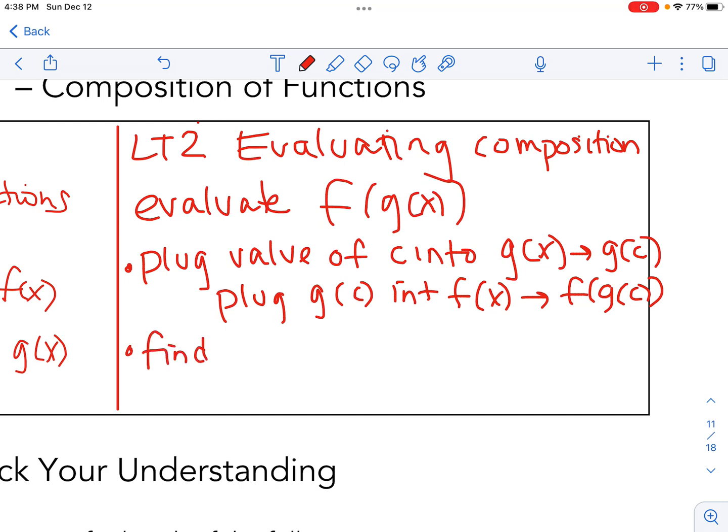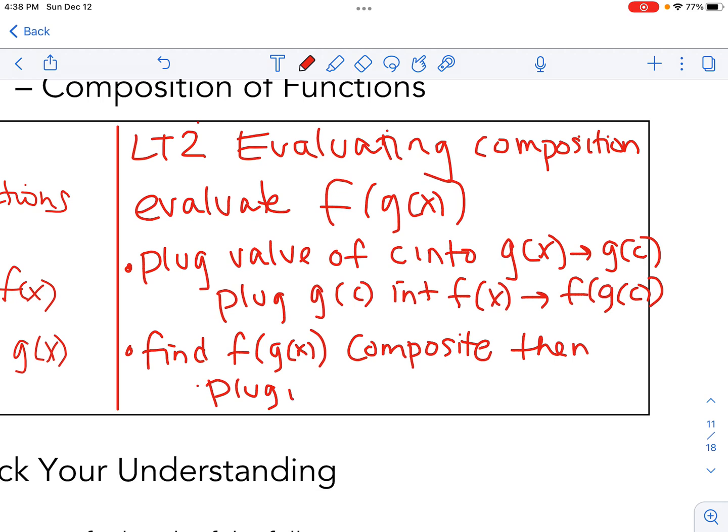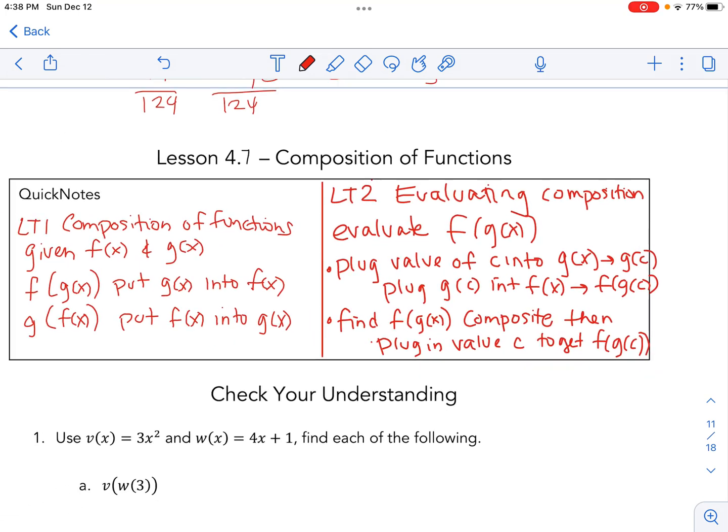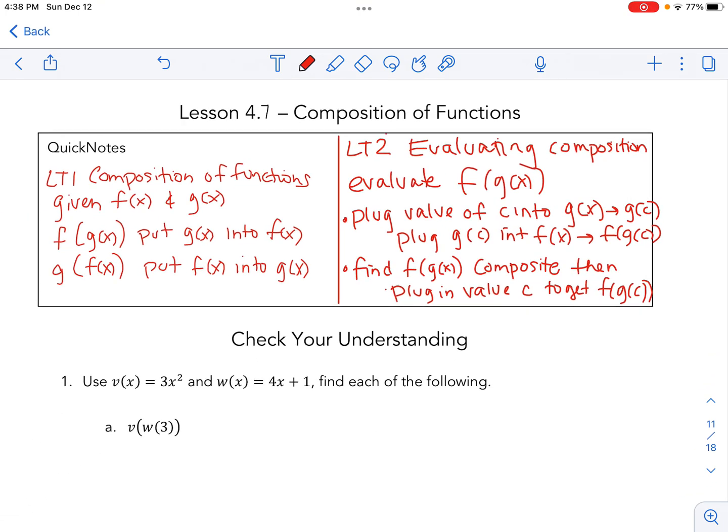That's that two-step process. We can do it that way, or we can find f of g of x simplified, right? We can just find the composite, or the composition of the two functions, and then plug in value c to get f of g of c.